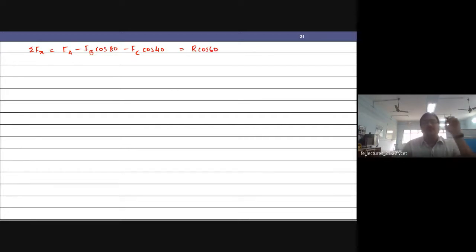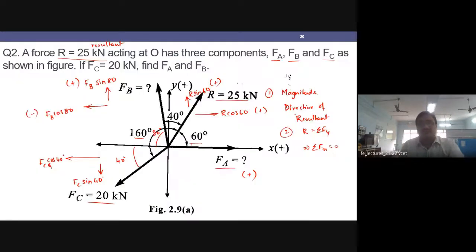I made a mistake earlier. The total, sigma Fx, is nothing but the x component of the resultant. So R into cos 60 implies, what are the values that I know? I know the value only for FC, right? I do not know the values for FA and FB.